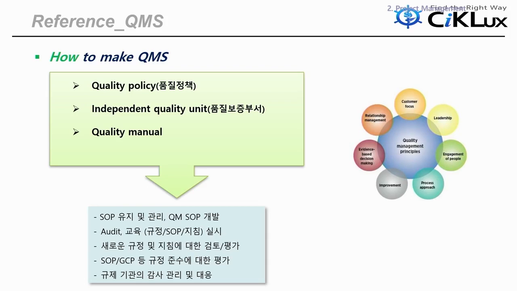And we need to have a quality unit, which is independent. This independent quality unit should be able to manage the quality, and therefore there should be a quality manual or SOP. So the documents generated, the QM SOP or SOP, the system manuals, all different documents need to be created. And then the audit: the auditors try to be independent, so the QA department conducts audits, the self-audit.